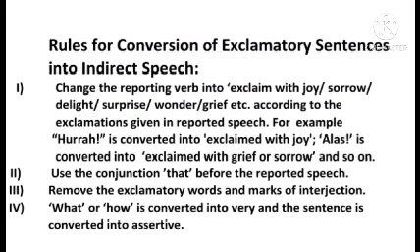Alas shows grief. If alas is there, it will be converted into exclaimed with grief or exclaimed with sorrow, and so on. Then, a conjunction that is used before the reported speech. Exclamatory words and marks of interjection are removed, and if what or how is there, they are converted into very, and the sentence is converted into assertive.